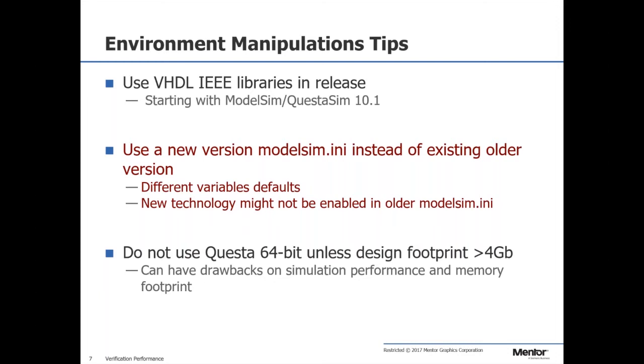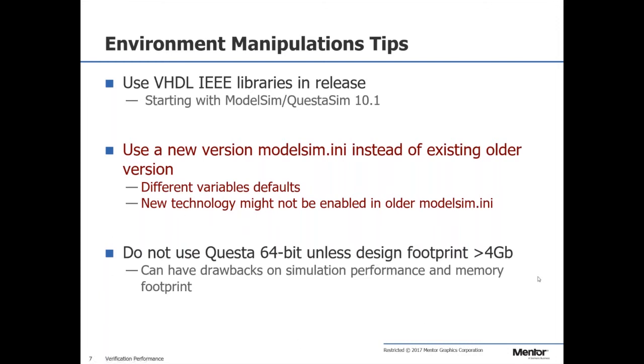So what happens when you first create a project, it makes a copy of the ModelSim INI that's in your install directory, and it copies it to your local project directory. That's okay, but as that project moves forward and you're copying that directory and you've upgraded ModelSim, you might have an older one. There is a comment at the top of that file that says what version that was from. So, spent a lot of time on that.